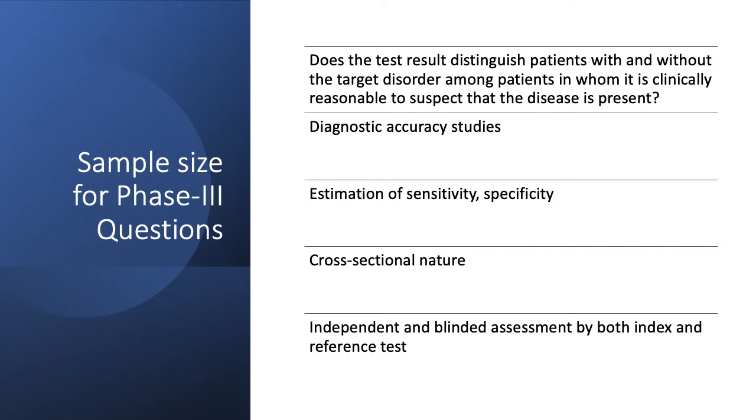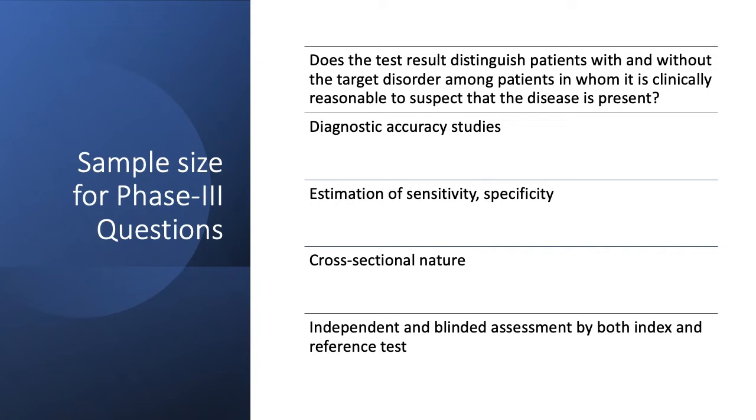But in clinical settings, there are suspected patients, and we need to administer a test which will discriminate between disease and non-disease. So what we intend to evaluate in such studies is diagnostic accuracy, that is sensitivity and specificity of the test, right?